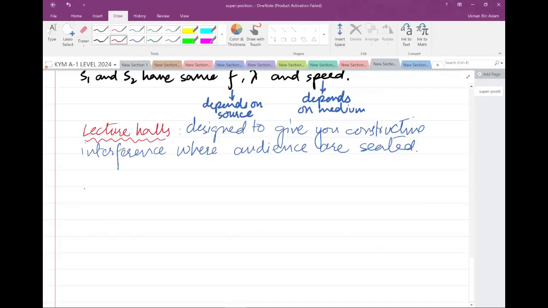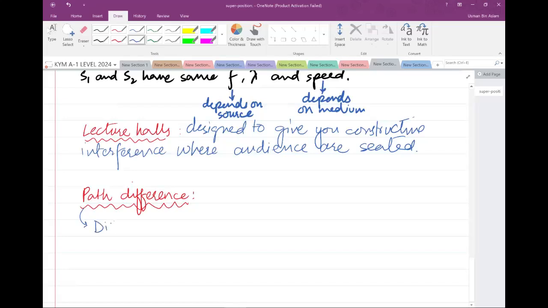I'm going to show you what is a path difference. Okay, this is going to be important. Path difference. I'm going to define this for you.